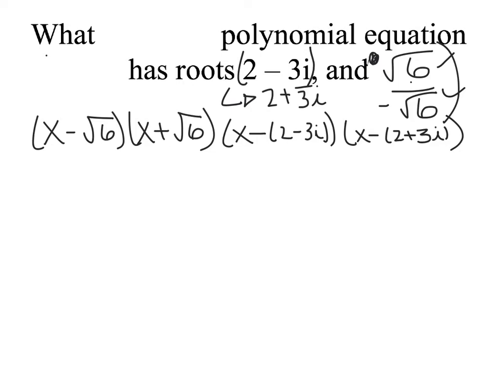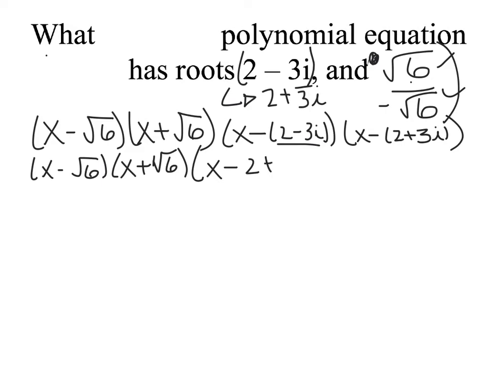So we want to make sure we do that minus because it's just proper mathematics. This is the entire root, so you want to subtract the entire root. But to simplify that, we're going to distribute that negative sign, so x minus 2 plus 3i, x minus 2 minus 3i.